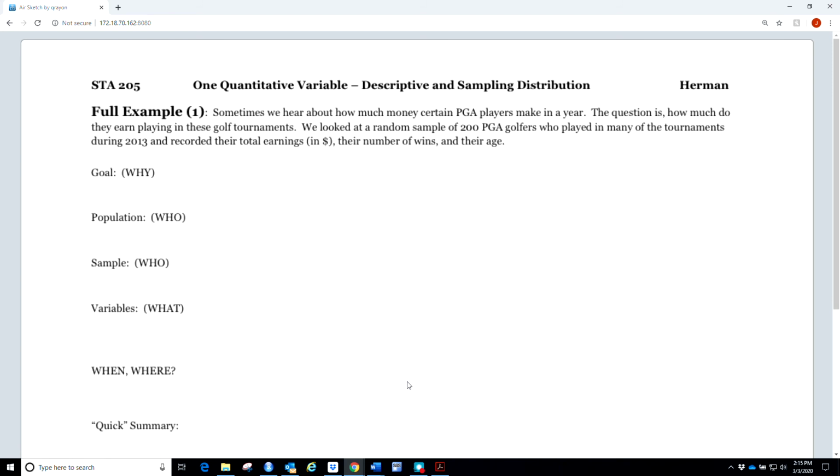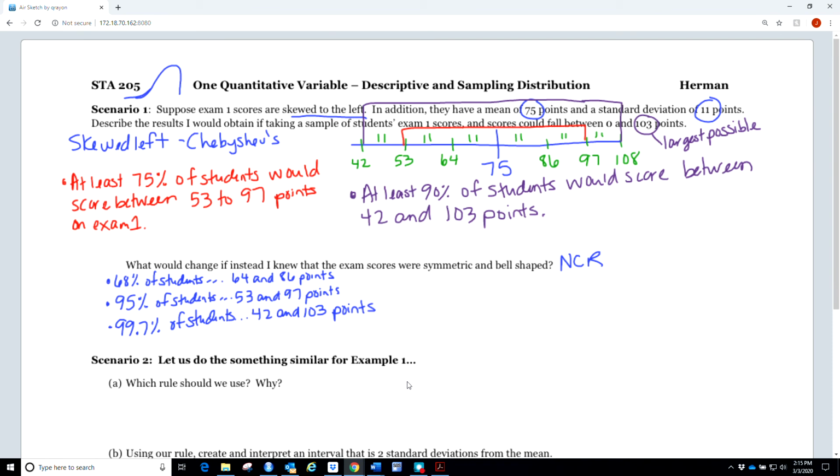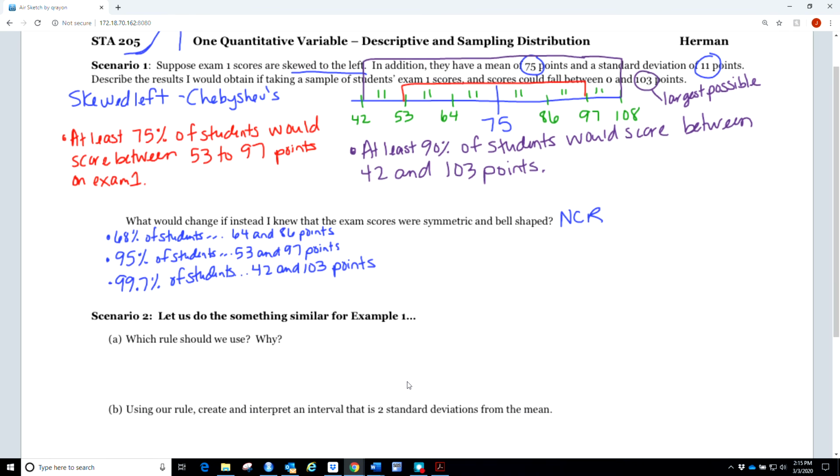So using that information, what rule do we think we should use? Well, hopefully we would agree that we should be using Chebyshev's rule here, because this graph is skewed to the right. It is unimodal, but it's not symmetric. It's skewed to the right.